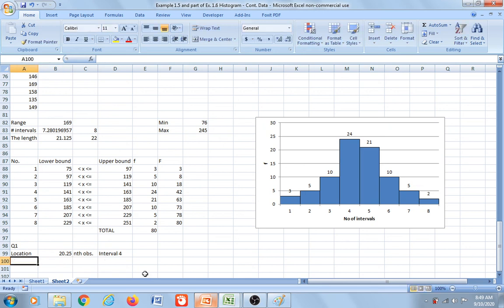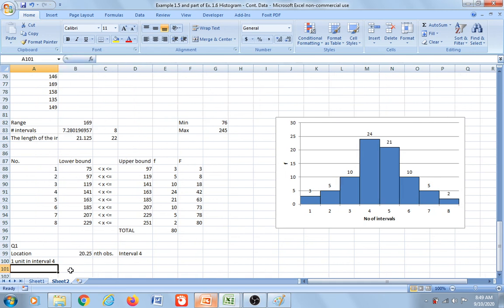Now we know that it is in interval number 4. What is the value of 1 unit in interval 4? One unit in interval 4 is the length of the interval divided by the frequency of that interval. What is the length of the interval? It is 22, right?